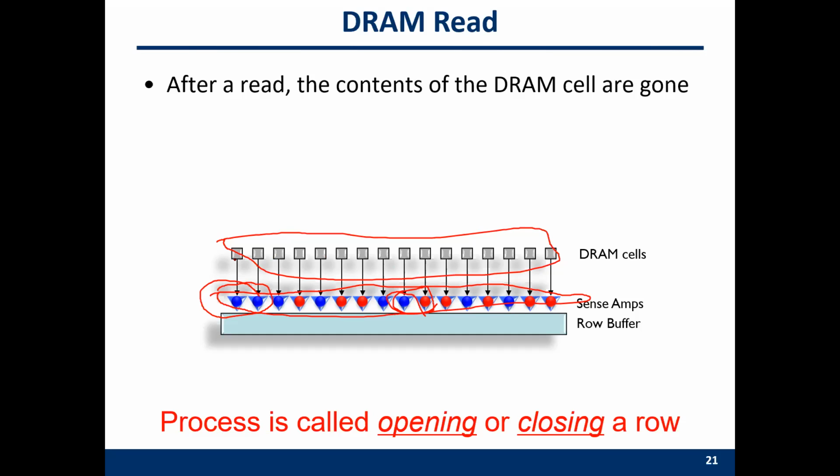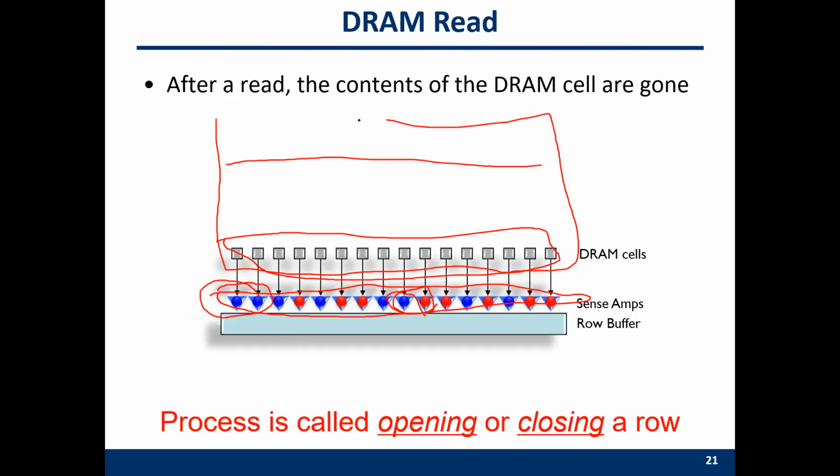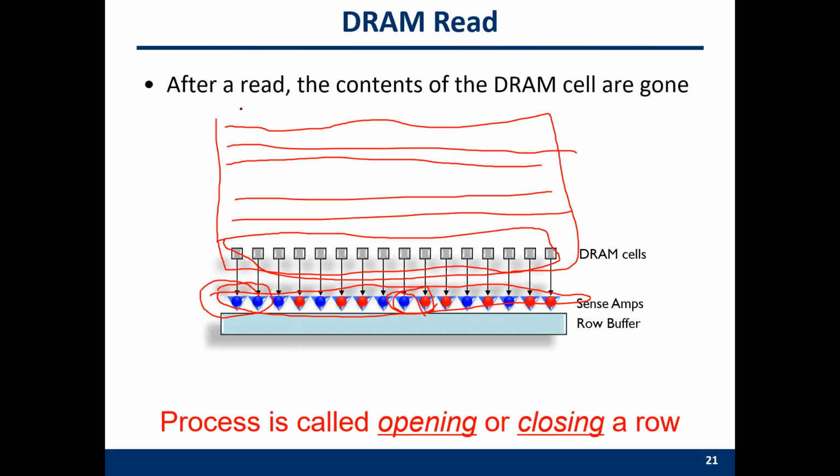But if your application randomly accesses the whole memory space, which means that next time your application will read another row here, because your array is organized like this, you have multiple rows and multiple columns. Each column indicates a bit line.